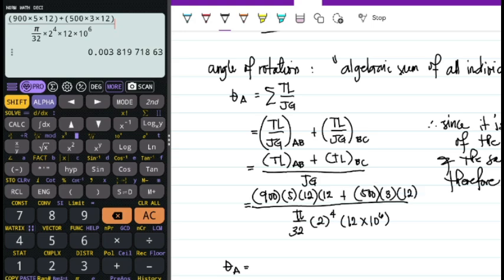There you have it. It has to be 12 squared, 12 inches squared.